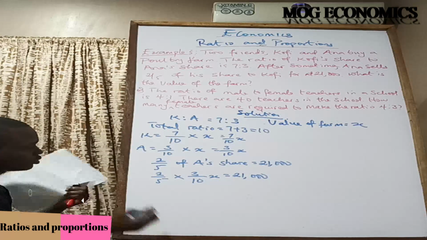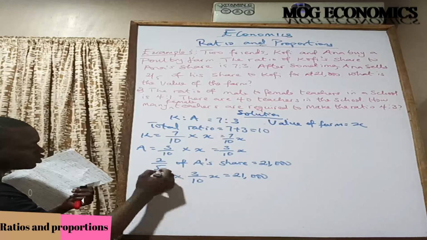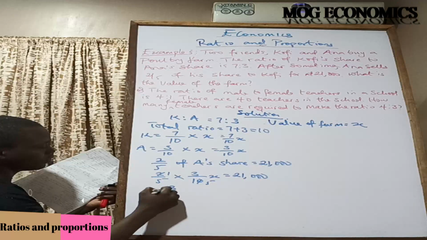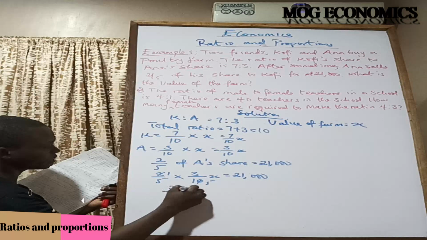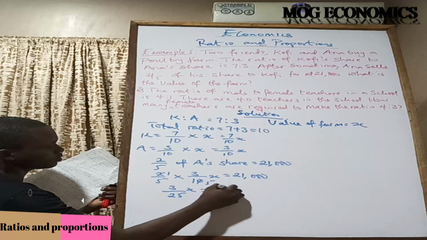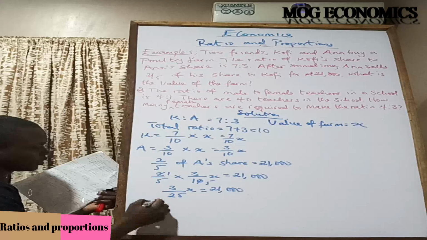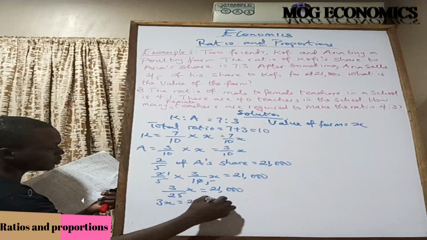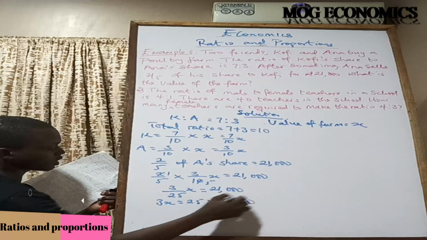From here, what can we do? 2 into 10 is 5, so we have 3/25 X equals 21,000. So 3X equals 25 multiplied by 21,000.